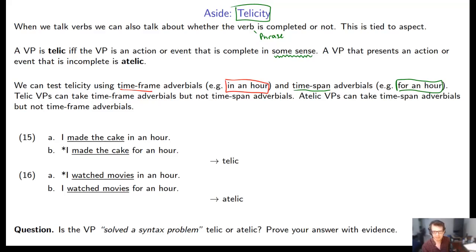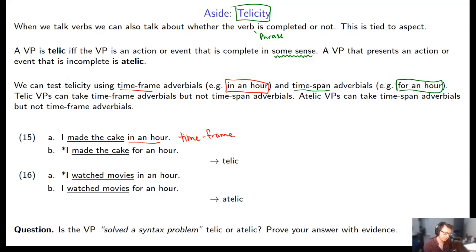So the two tests I have here just show you that, for instance, made the cake. I made the cake in an hour. So this is time frame. This means that the event was completed within a time frame. So this suggests that it's telic. While if you say I made the cake for an hour, this is a little odd.